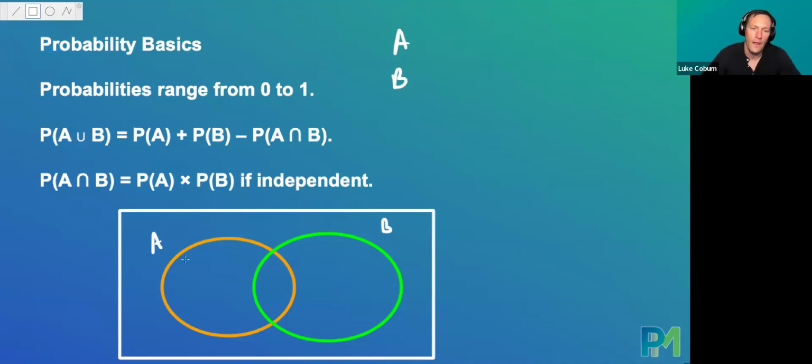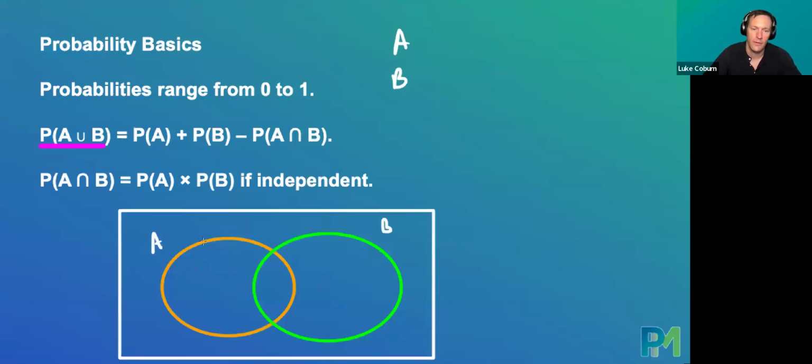So the probability of A union B. That is the probability that if we drop a point in this box, it doesn't go outside, that it goes inside somewhere in between those two.